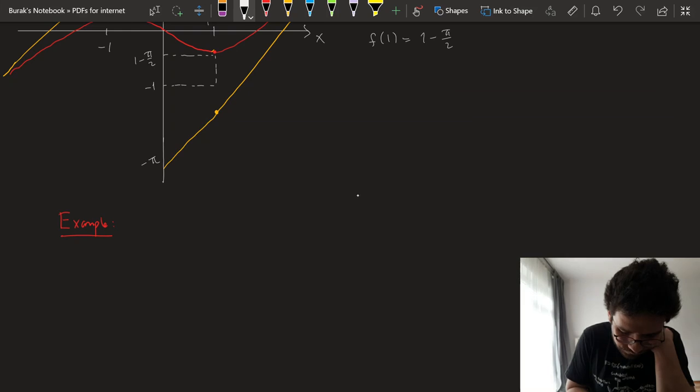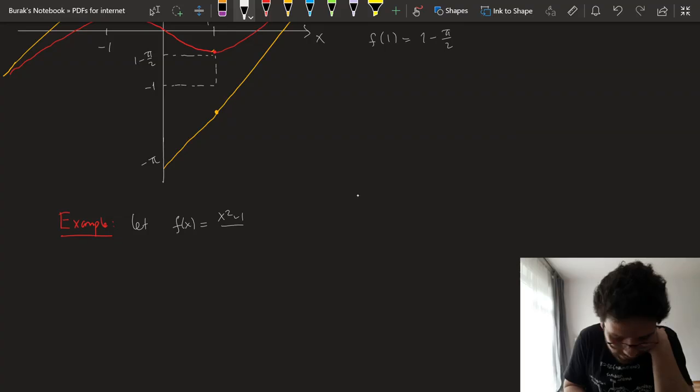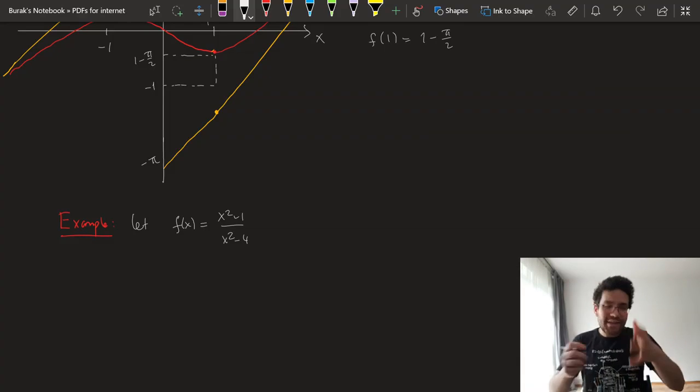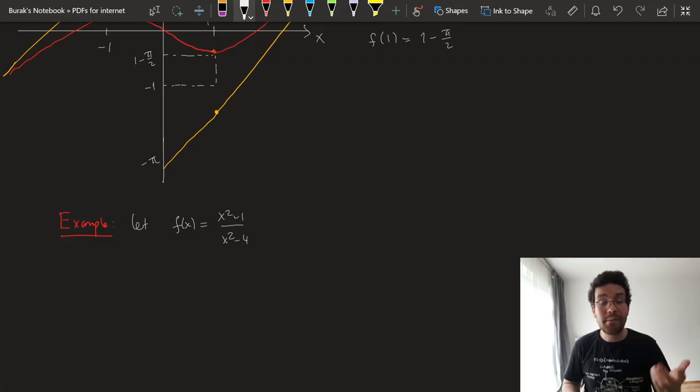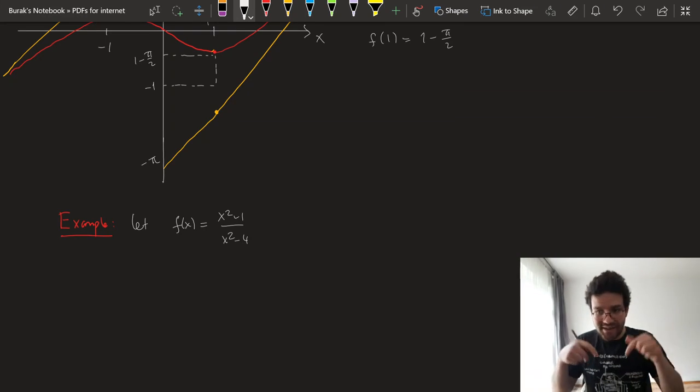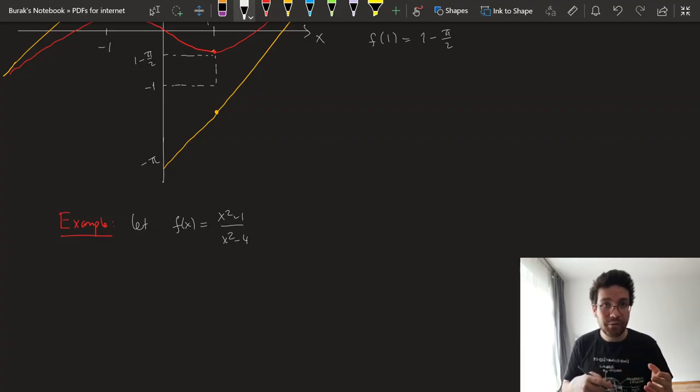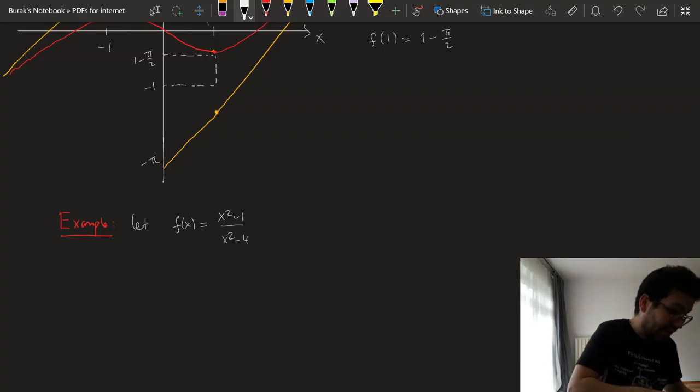Let f(x) be (x squared minus 1) divided by (x squared minus 4). Now in this question, I'm going to sketch the graph, but in order to sketch the graph, what's the first step? Find f prime, f double prime. Well, this specific lecture is not about differentiation, so I am actually going to give you f prime and f double prime in case I make an arithmetic mistake, in which case it's going to be a disaster.